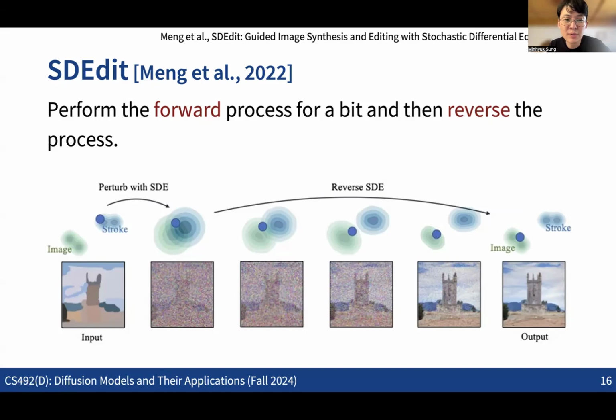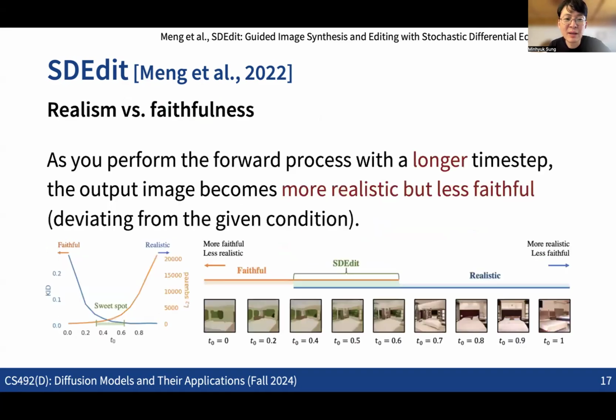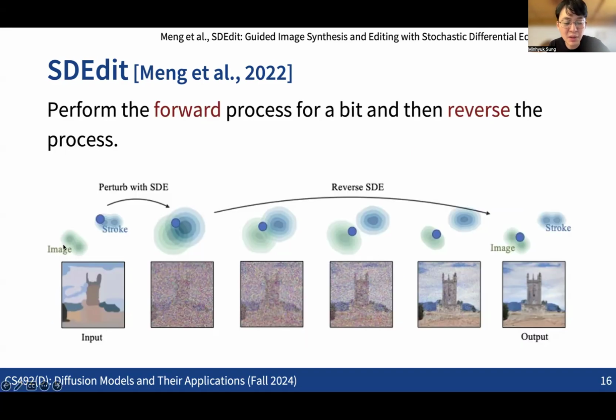What we can observe is that, depending on the amount of noise we add, we see a trade-off. As we add noise with a larger number of time steps in the forward process, and also run the reverse process for longer, obviously we're going to get more realistic images.